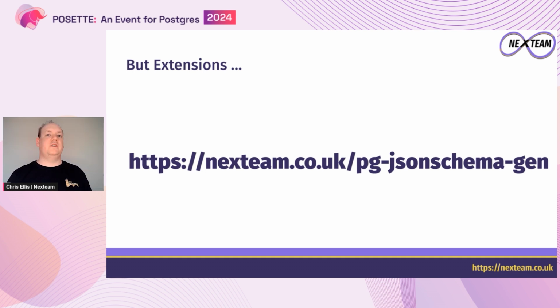So if you're in a situation where you don't want to install an extension, the other approach is to generate the SQL validation functions you might need from your JSON schema, and then load those into our schema and just use them as we would anything else in Postgres. So please feel free to take a look and try it out.